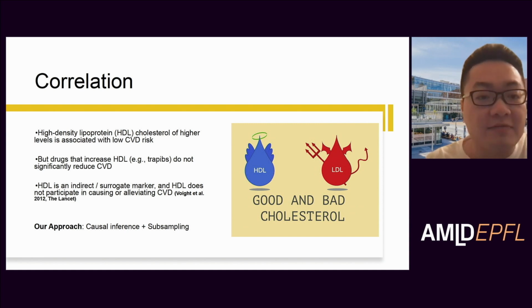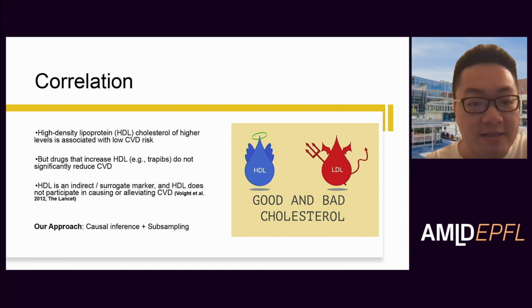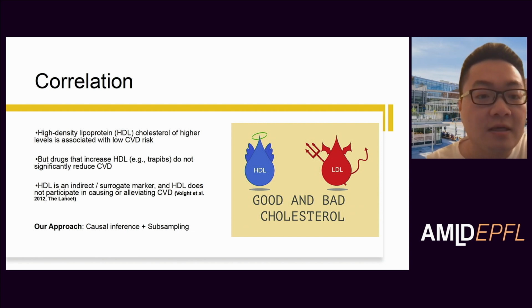But when they did a randomized controlled study, they found that a drug targeting an increase in HDL does not significantly change the CVD risk. Put together, these simply mean that HDL is an indirect factor for CVD. So it's not a causal effect, a risk effect for the CVD.